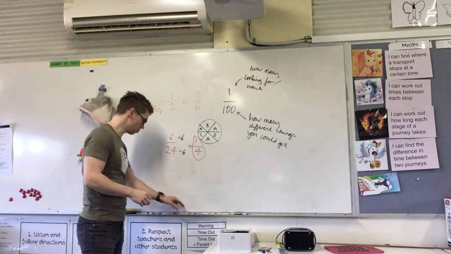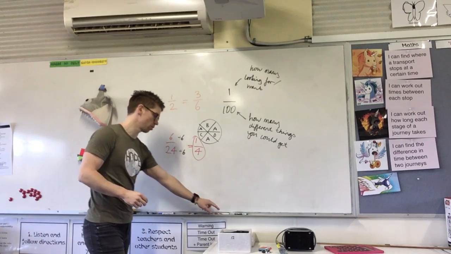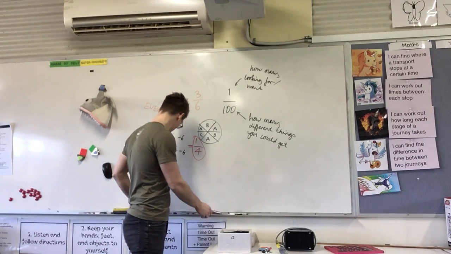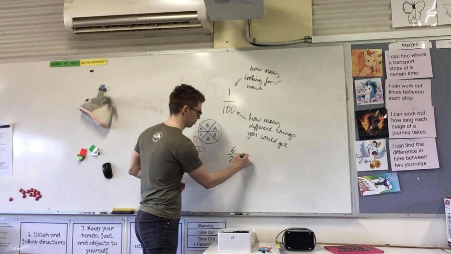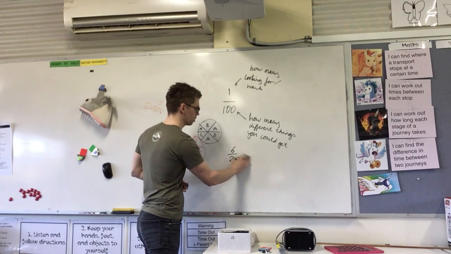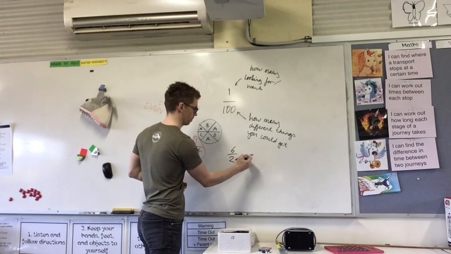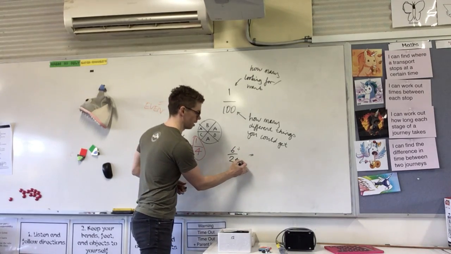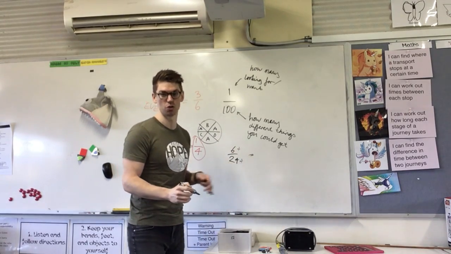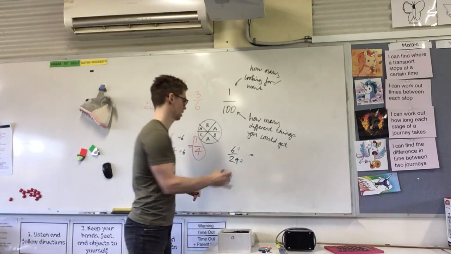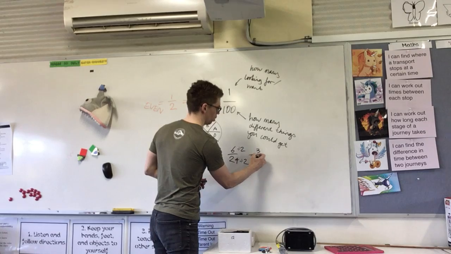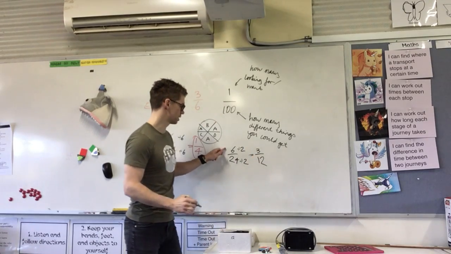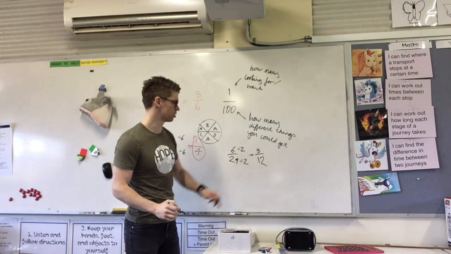Of course, you might not be able to figure out that number straight away. So what you can do, let's do 6 out of 24 again. If you want to, you can just divide by a number that you know for sure. So maybe you didn't get up as high as 6, maybe you just divide by 2. So then I've got 3 over 12. 6 divided by 2 is 3, 24 divided by 2 is 12.